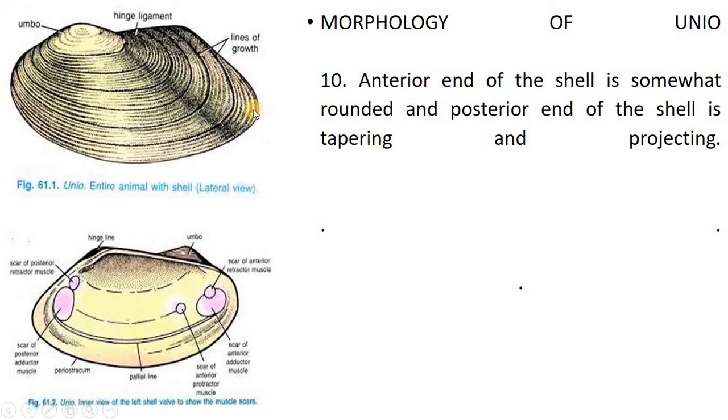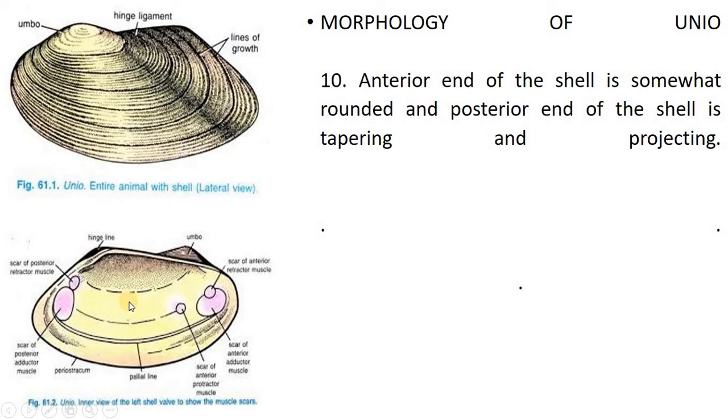This is the posterior side, this is the anterior side, this is the dorsal side, and this is the ventral side. This is the umbo, here is the hinge ligament, and these are the concentric lines of growth.